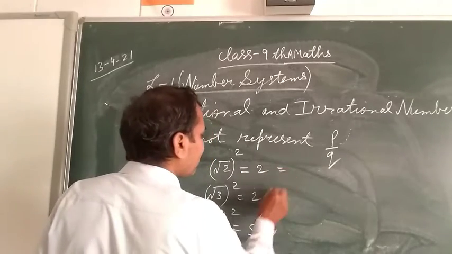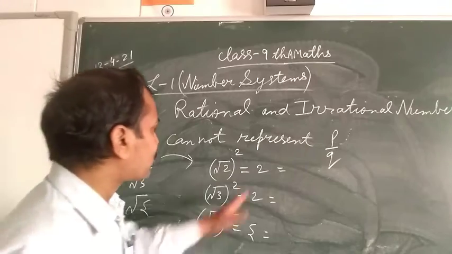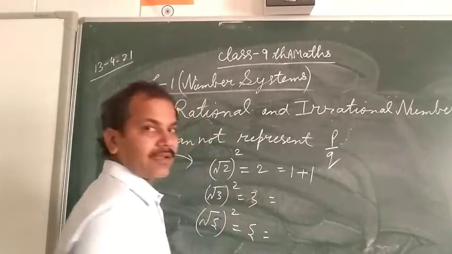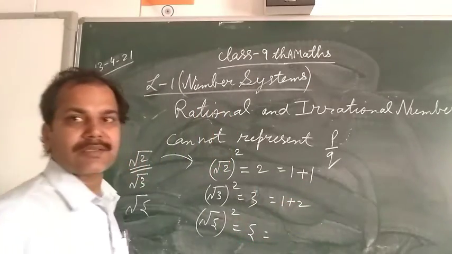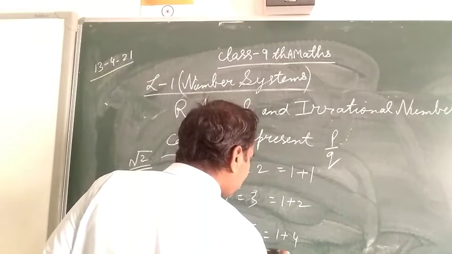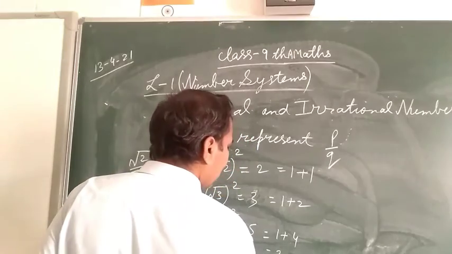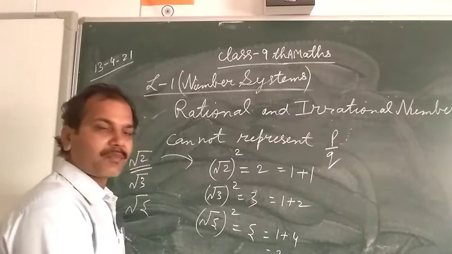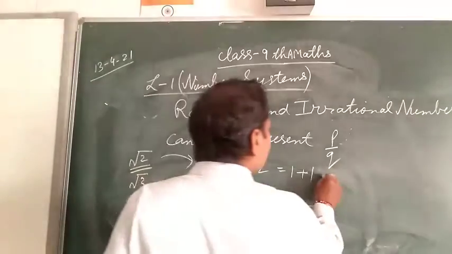Then break into two parts. 2 we can write as 1 plus 1. 3 we can write as 1 plus 2 or 2 plus 1. 5 in different parts: 1 plus 4 or 2 plus 3. Or 3 plus 2 or 2 plus 3, same. 1 plus 4 or 4 plus 1, same. Clear?